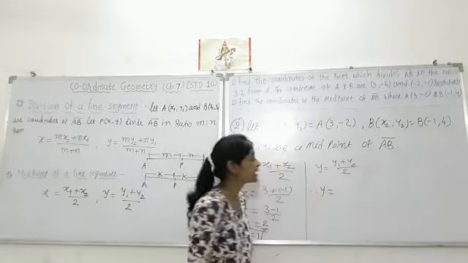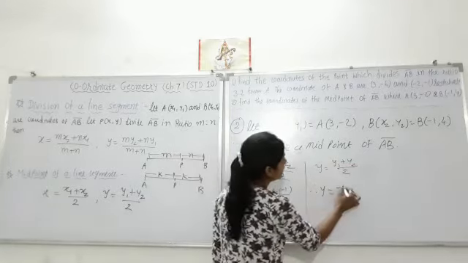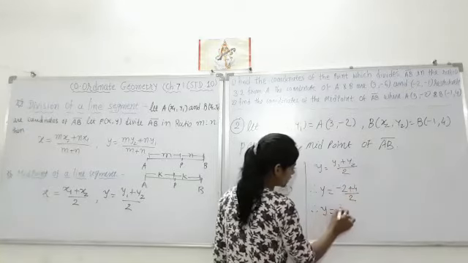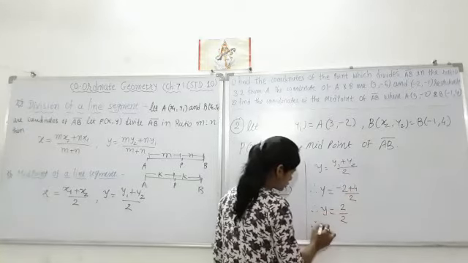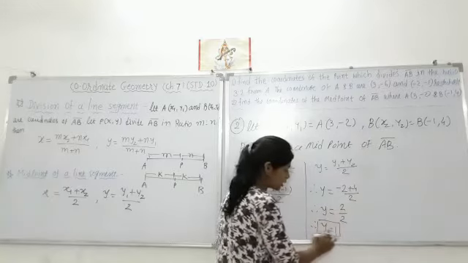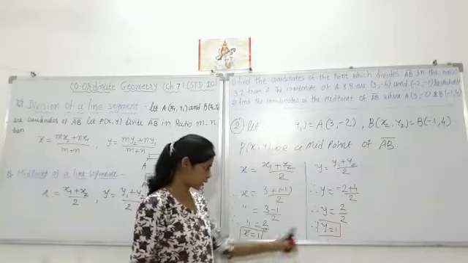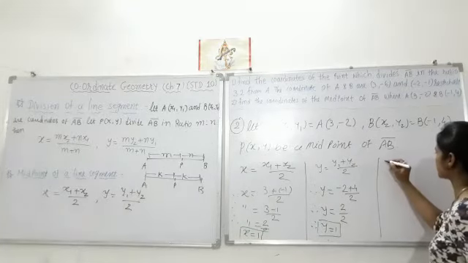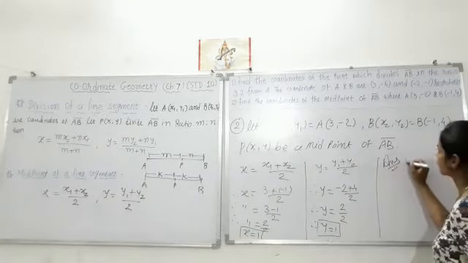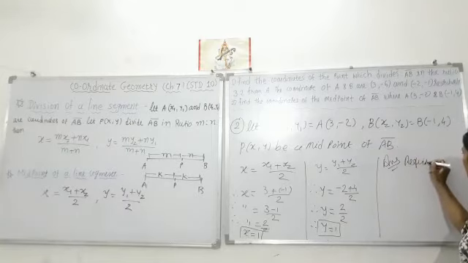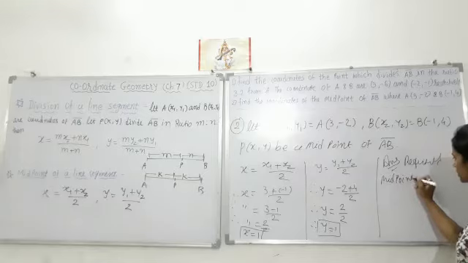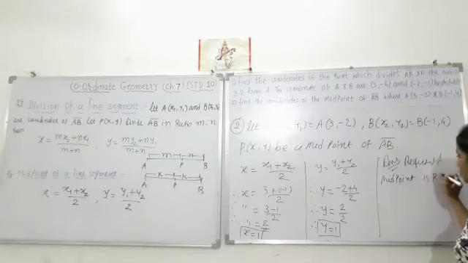So your y is equal to minus 2 plus 4 upon 2. So y is equal to 2 upon 2. So your y is equal to 1. So the required midpoint coordinates are (1, 1). You can write the answer: required midpoint is P of (1, 1).